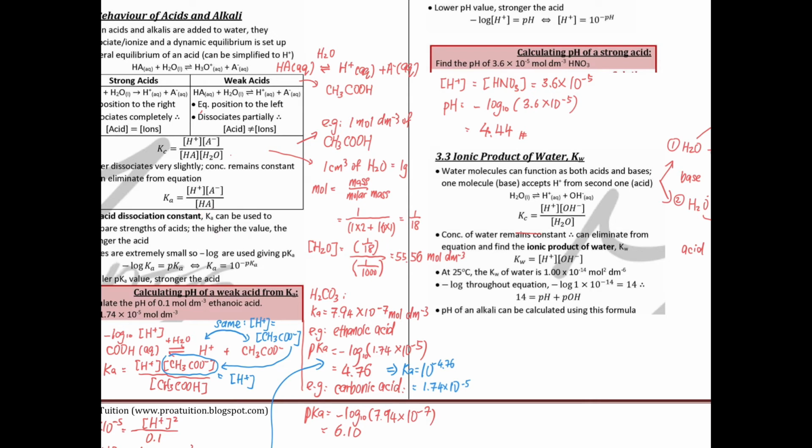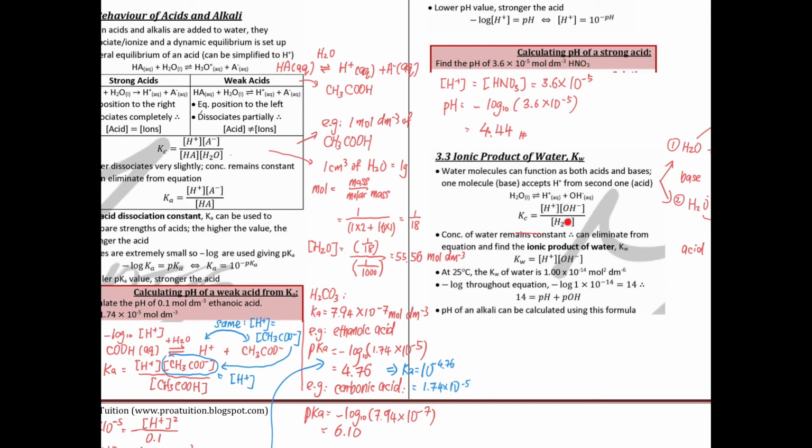When you try to avoid H2O at the bottom, then you cannot use Kc anymore. You have to come up with a new formula, which is called Kw. Kw equals H+ times OH-, which is the numerator alone.